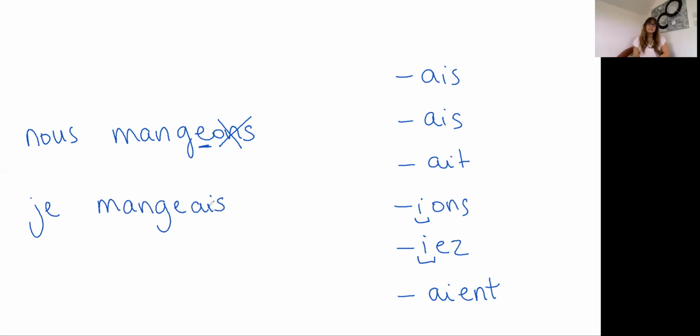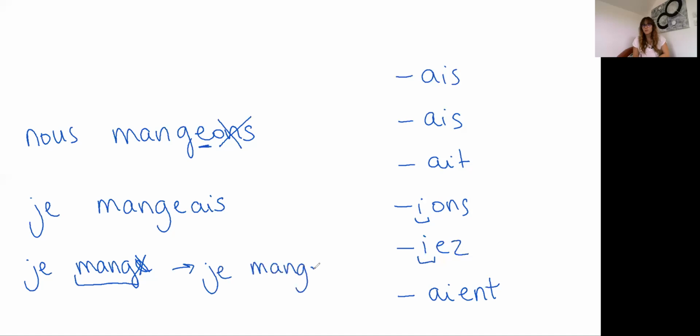But if you had taken the je form of the present, that would have been je mange, removing the ending. Your stem would have been just mang, sorry. And then your imperfect would have been je mangais, which for pronunciation reasons is wrong. So here again, it is very important to always take the nous form of the present tense.